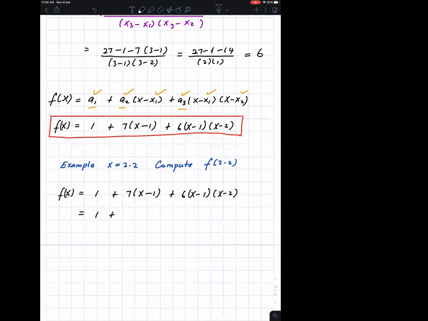F of 2.2, 2.2 minus 1, will give you around 10.84.